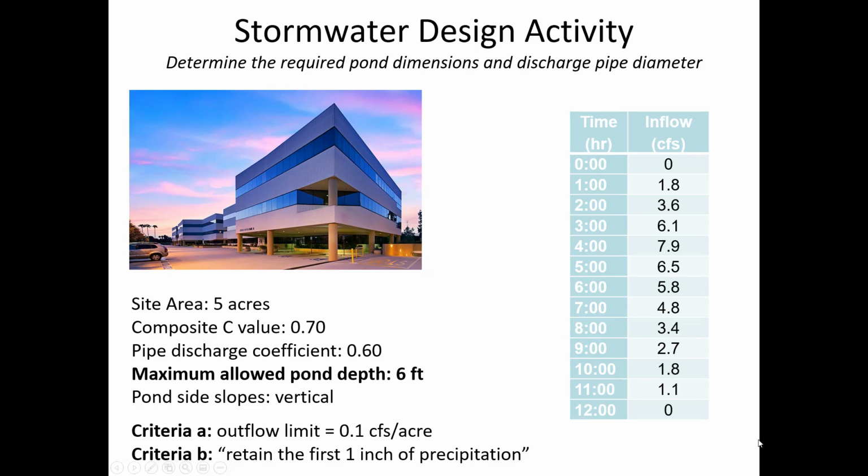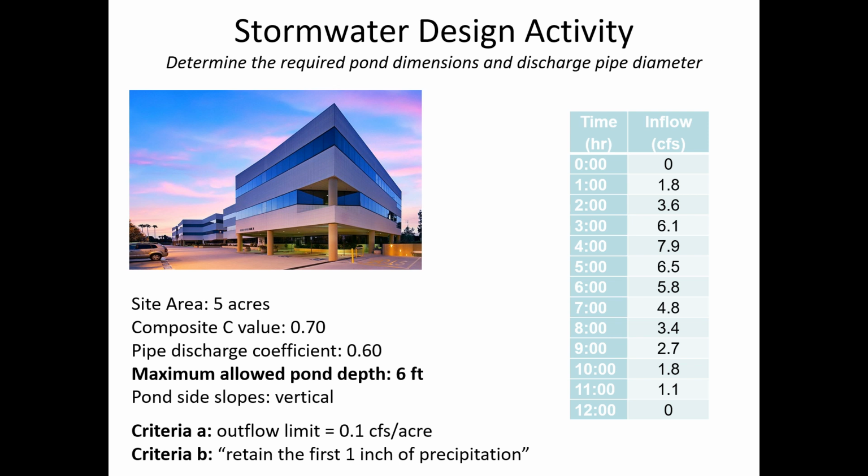We're going to consider a development where they're putting in some office buildings. So we're putting in some office buildings, and there's two rules that govern the flow that's going to come out, the stormwater flow.